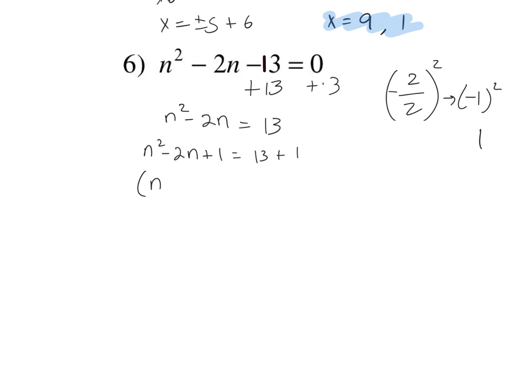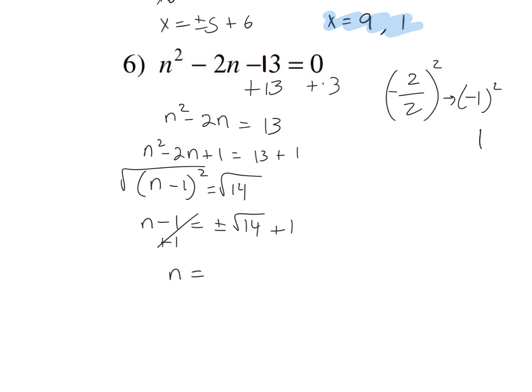This is going to become n minus 1 squared equals 14. I'll take the square root, and I get n minus 1 equals plus or minus root 14. I'll add the 1 to both sides, and we're left with n is equal to 1 plus or minus root 14. Now we can leave root 14 the way it is because it won't simplify any further.